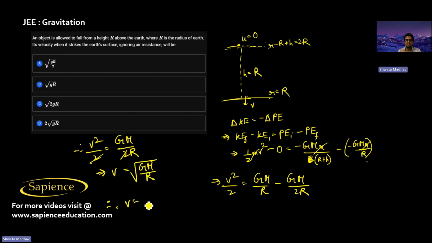So v will be equal to root over GM, that is gr square by r, that is equal to root over gr. So option B is the correct answer.